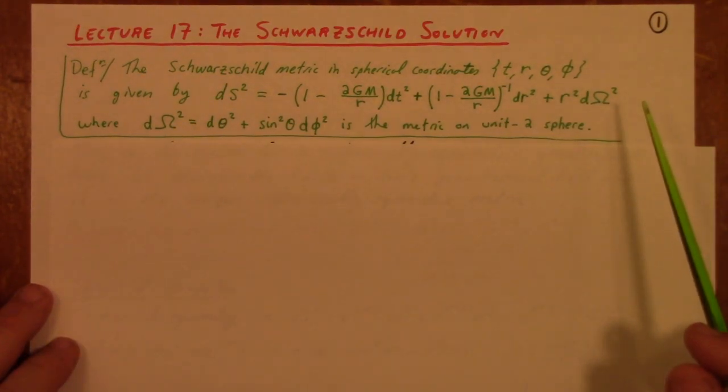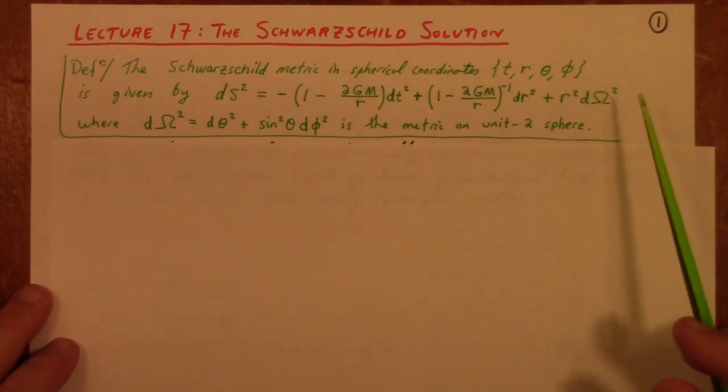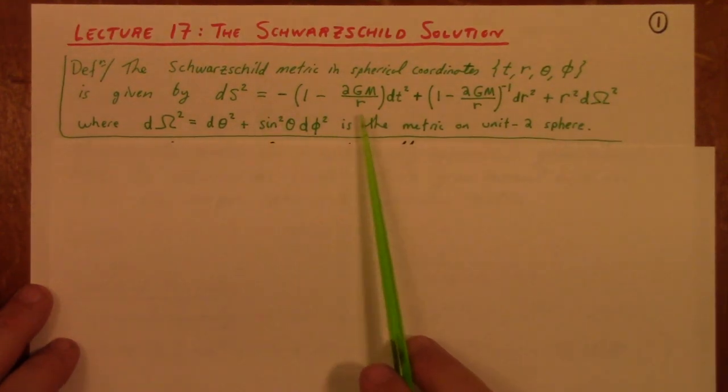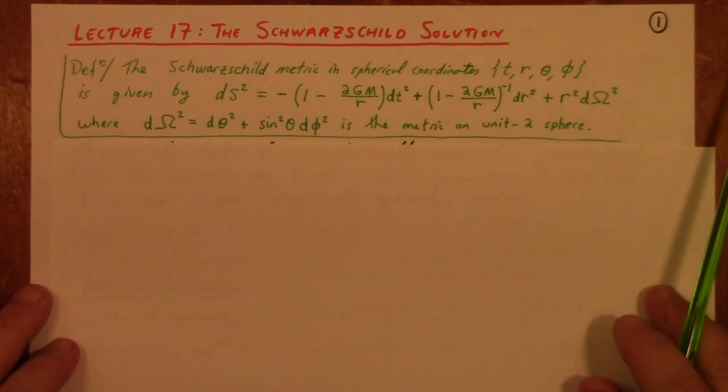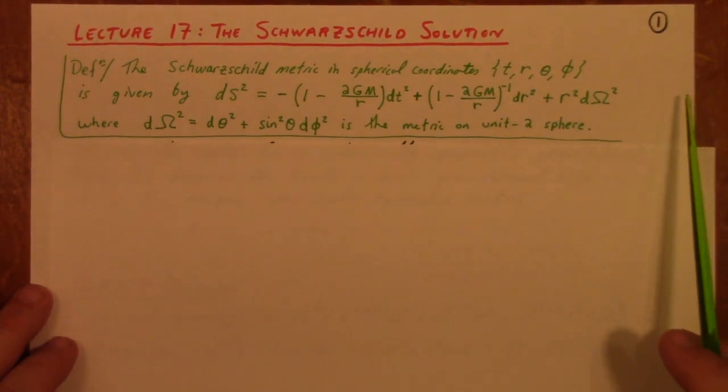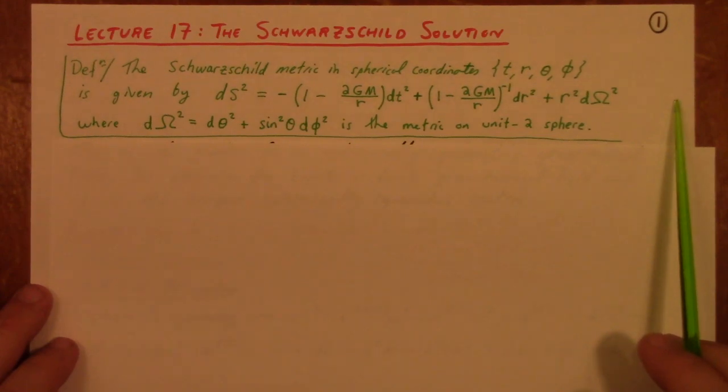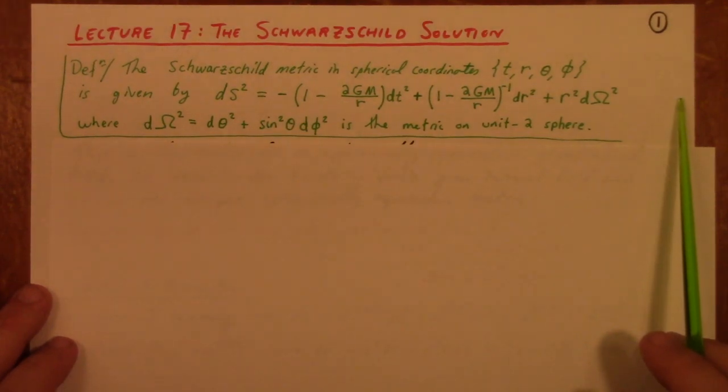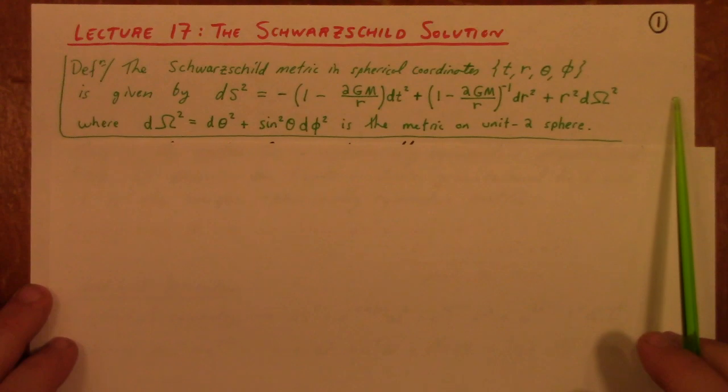Carroll describes how to derive this metric from some general principles, and so he sketches how you can use spherical symmetry and some ideas about perpendicularity or orthogonality, if you will, in 4 dimensions to build coordinates.